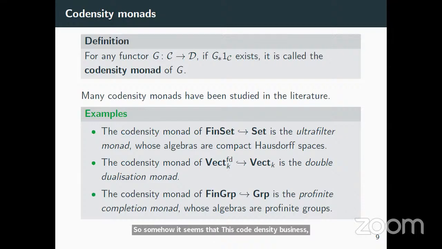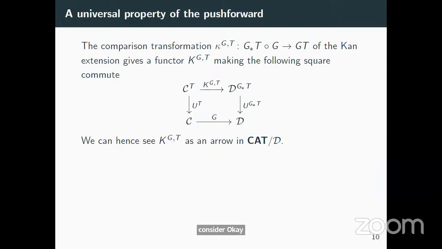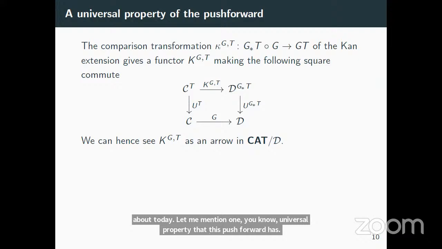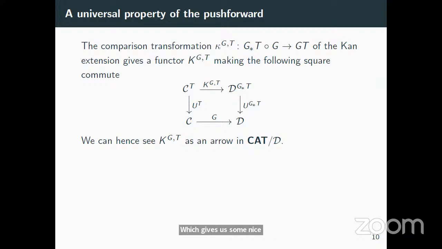Okay, so before I go into the example I want to talk about today, let me mention one universal property that this push forward has, which gives us some nice intuition about what this push forward monad is. So back when I defined it, I defined G star T as a right-hand extension, which meant that I had that natural transformation filling in the square. I can use that natural transformation to cook up a functor from the category of algebras of my original monad to the category of algebras of the new monad.